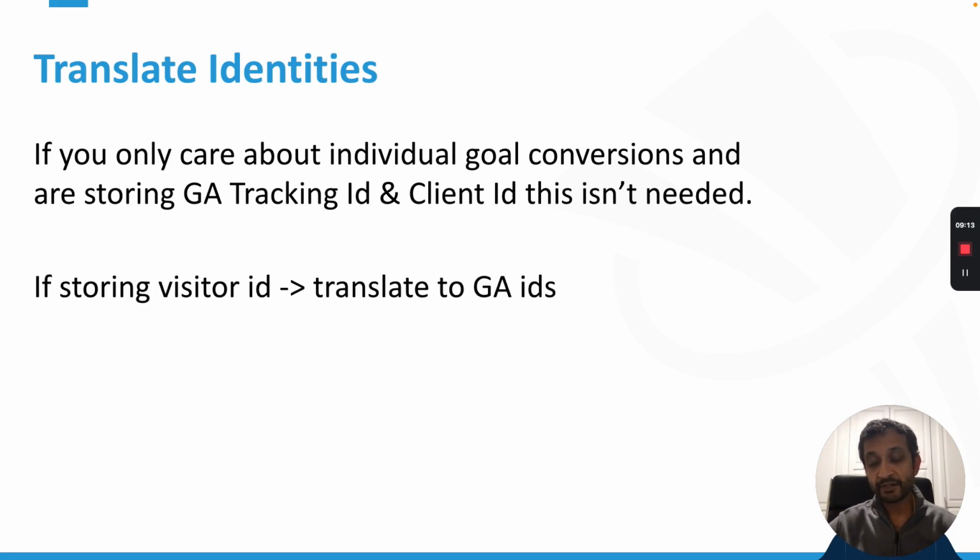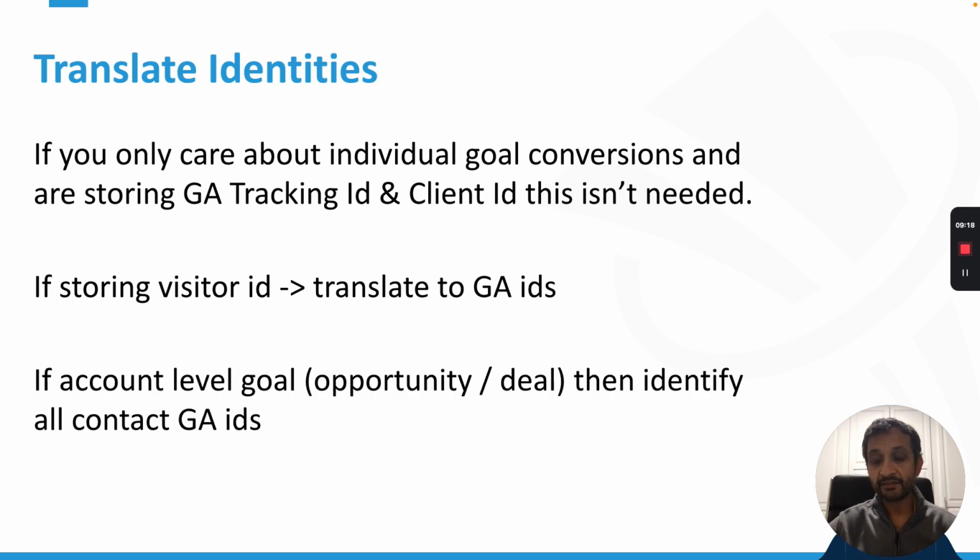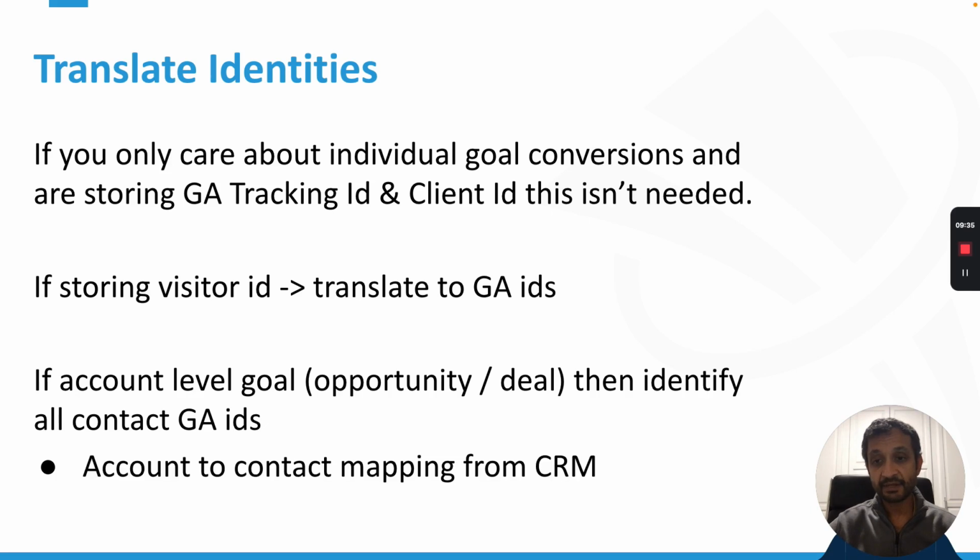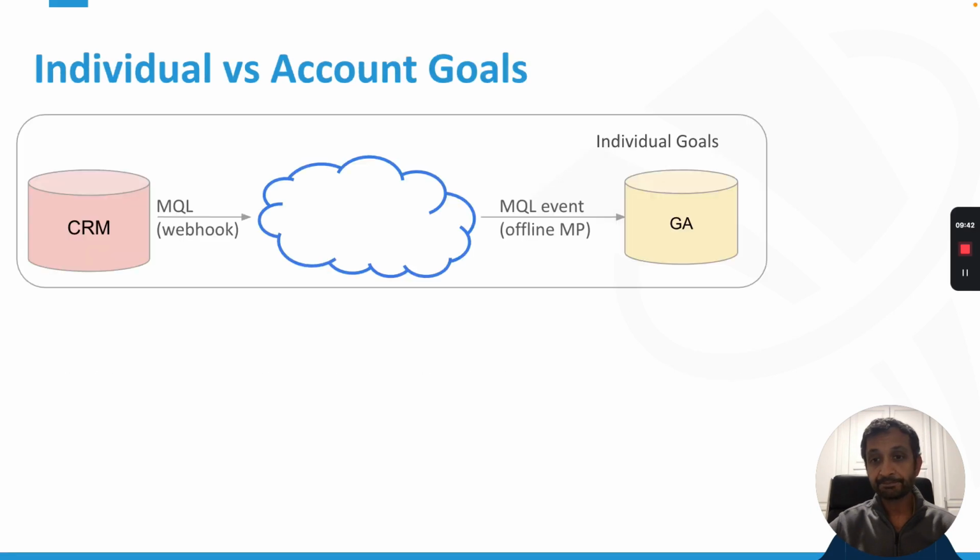If, however, you are storing the visitor ID, like we do, then we translate that into the relevant Google Analytics IDs. And if you are tracking account level goals, like opportunities, deals, close-won revenue at an account level, then you're going to need to translate your account to all of the contacts that you have available. And for this, you're probably going to need to pull some kind of account to contact mapping from your CRM.